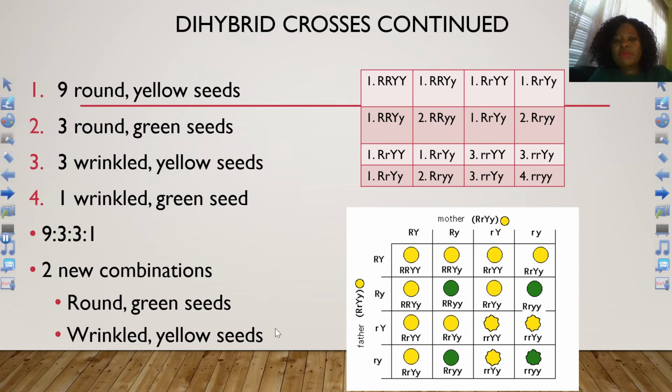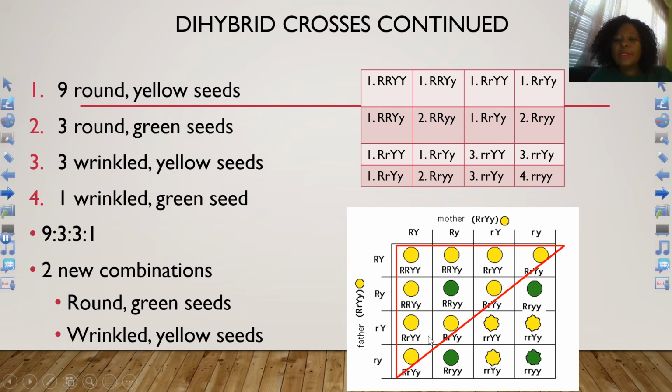Again, just for you to have a visual picture of these seeds, we are talking about round and yellow seeds, round and green seeds, and wrinkled and yellow seeds. If you look here, it's exactly the same thing that you can see over there. Now I used triangles so you can see clearly these different phenotypes in that Punnett square.